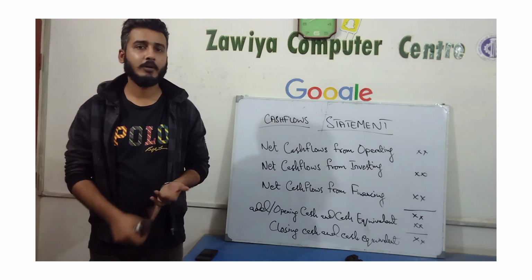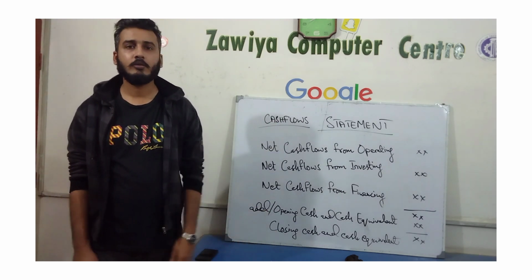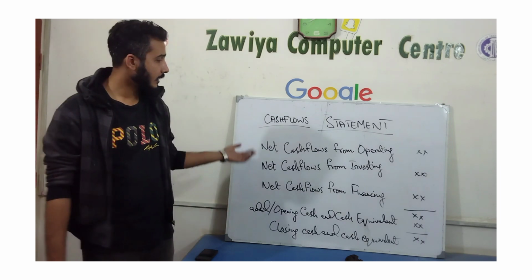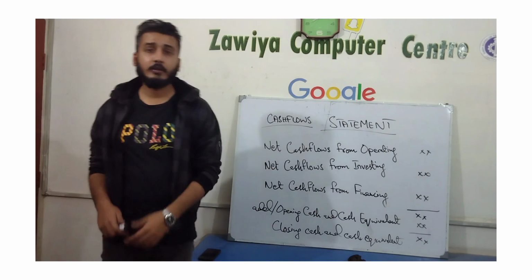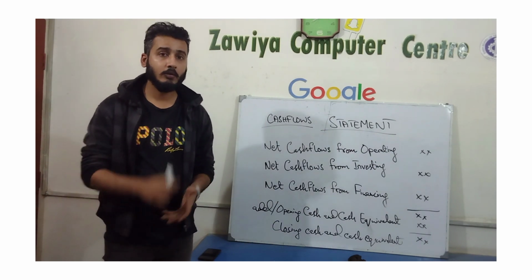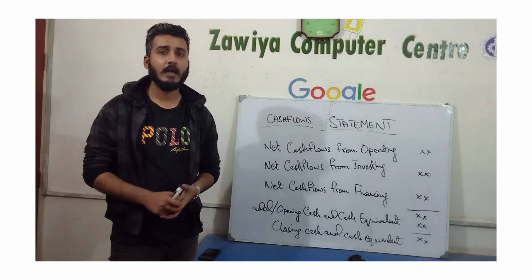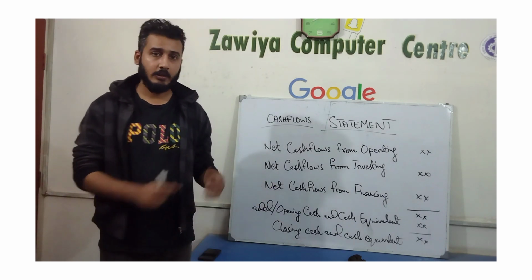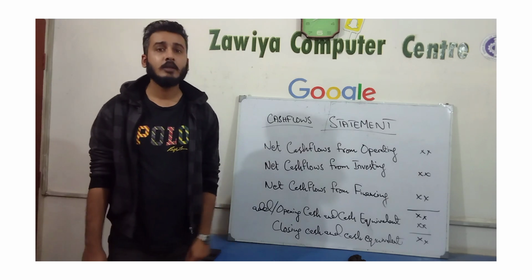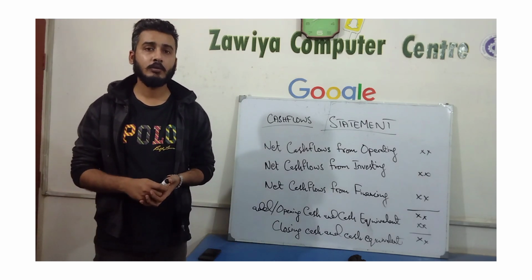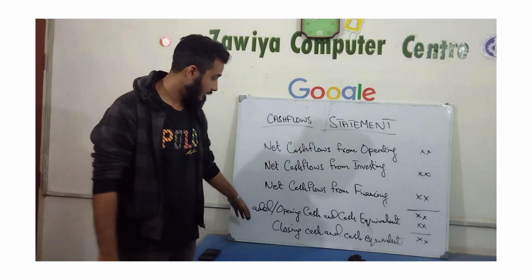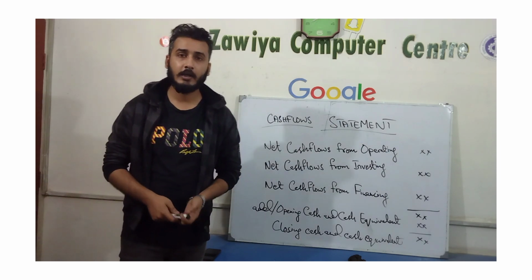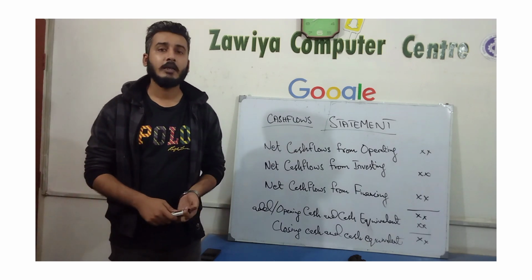If they are positive, we shall add all those items, and if any of them are negative, we shall deduct, and to whatever net figure we get, we shall add the opening cash or cash equivalent, like bank or cash. Opening balance of cash or bank in this net figure. What we'll get will always be equal to the closing cash or cash equivalent. So in that way we can know that our cash flows statement is up to the mark.